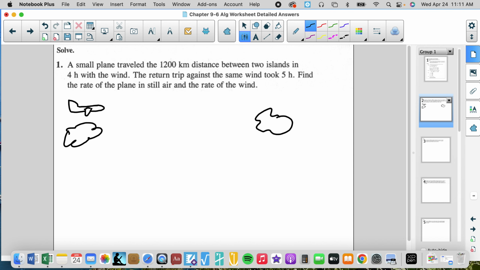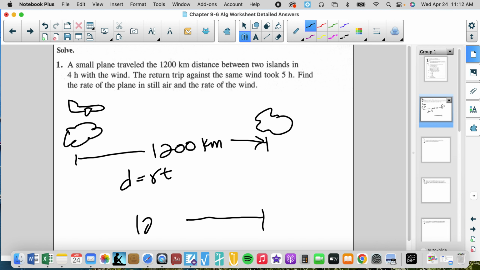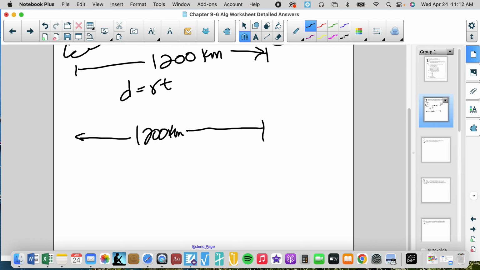So we know the distance between the two islands is 1,200 kilometers. Let's just draw it, right? We draw first. And so distance equals rate times time. We're going to have one going towards one island, and then we're going to have, let's make it in this direction, going back that 1,200 kilometers, returning from the island, and we have distance equals rate times time.